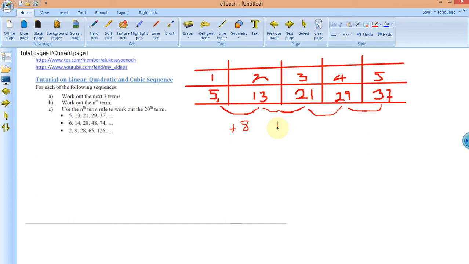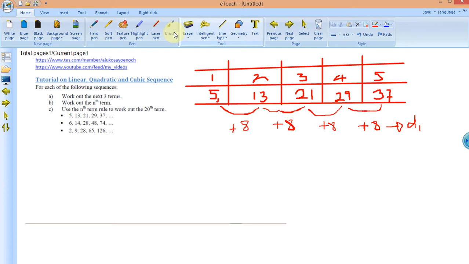So you see it increases by 8. I'm not going to continue with table method here. So I have 8. The difference is 8, and 8 is the first difference.